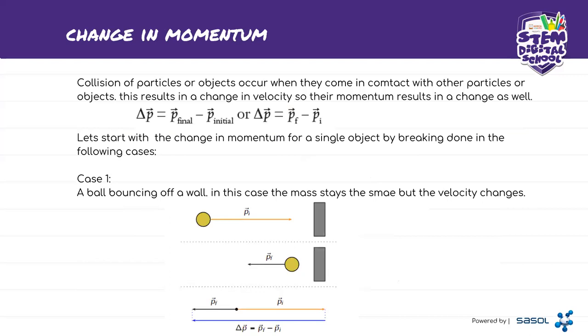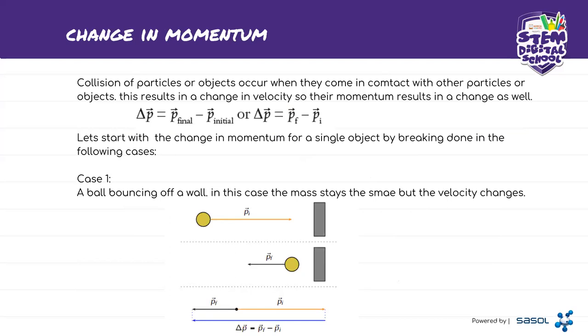Here we have it. Okay, so it says collision of particles or objects occurs when they come in contact with other particles or objects. Sorry about this error. This results in a change in velocity, so their momentum changes as well.